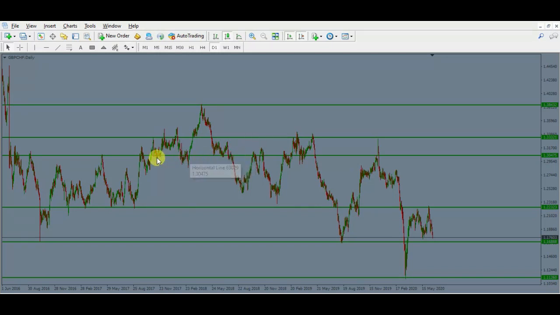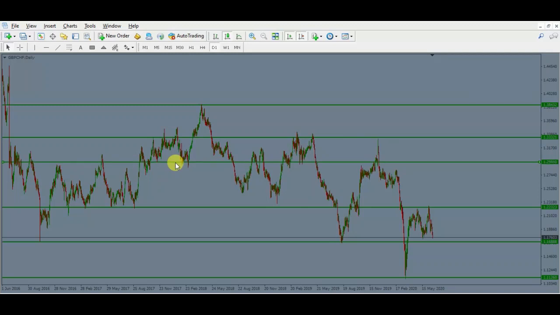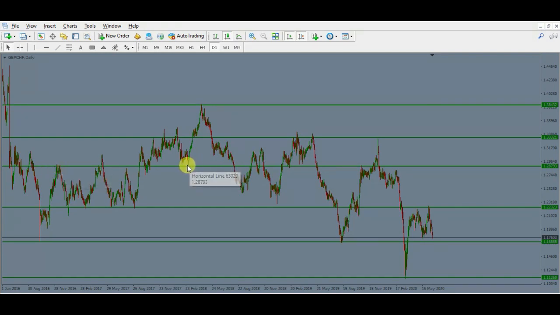And if you see, I can adjust this line to get more touches here. If the line is here, there are few touches, but if I move the line a little lower, touches are added. Then see, all of these are added now.